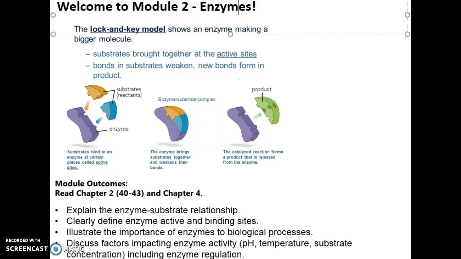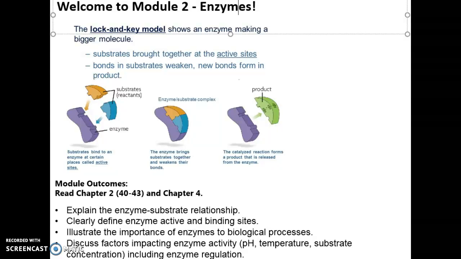We'll also talk about the importance of enzymes to the different biological processes, and then we'll also consider factors that might impact enzyme activity, such as pH, temperature, substrate concentration, and then we'll also talk some about regulation of enzymes.